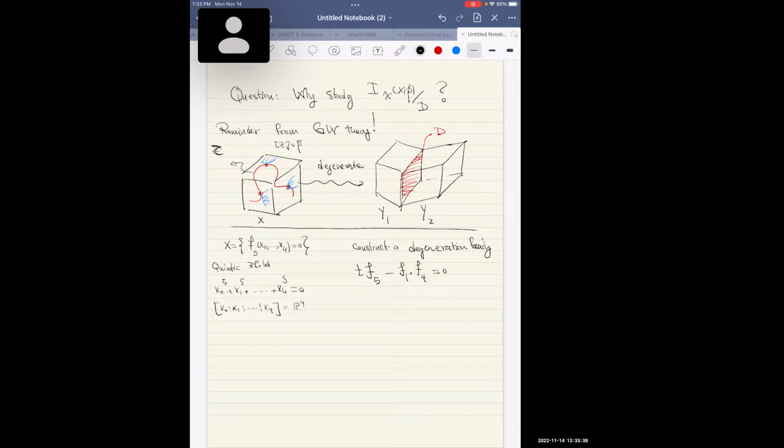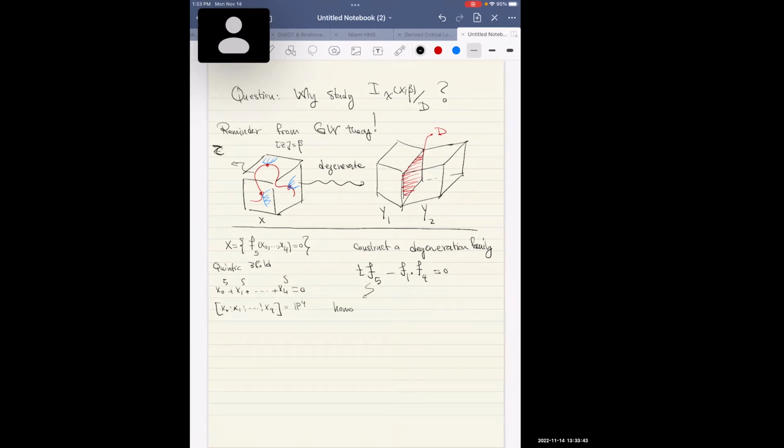This is homogeneous of degree 5. This is homogeneous of degree 1. This is homogeneous of degree 4. So as a whole, f1 times f4 is a homogeneous polynomial of degree 5 also.